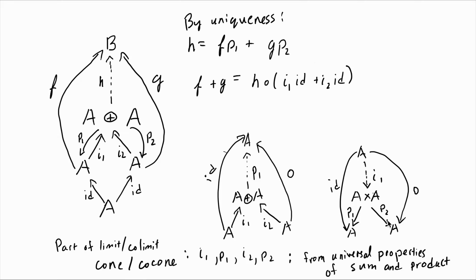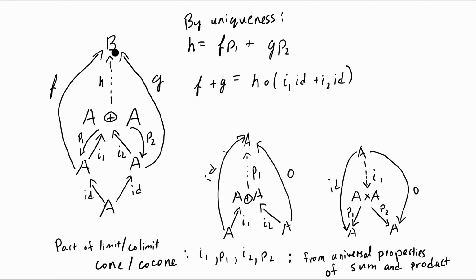Look at this little diagram right here: P2 of I1, by definition, is going to be 0. So that zeroes out. And then when I1 comes into here, P1 of I1 is actually going to be the identity, and you're just going to get F on this side. So it makes this side of the diagram commute. It'll also likewise make this side of the diagram commute.